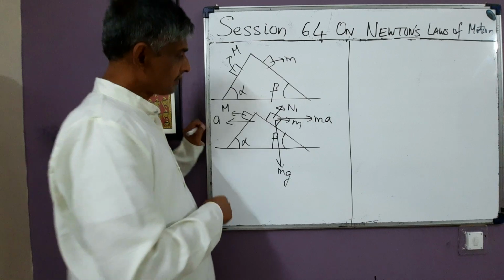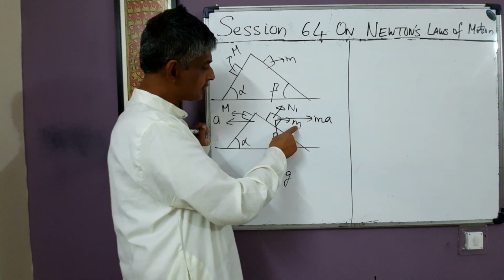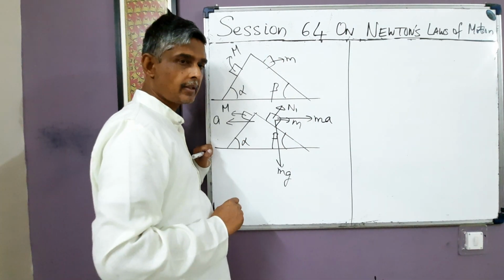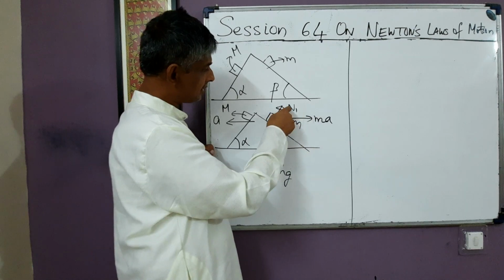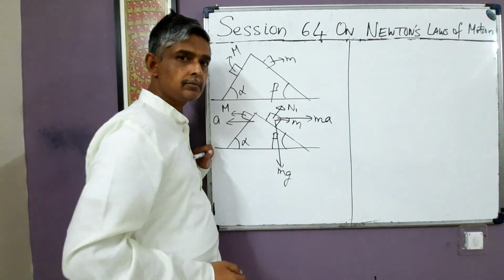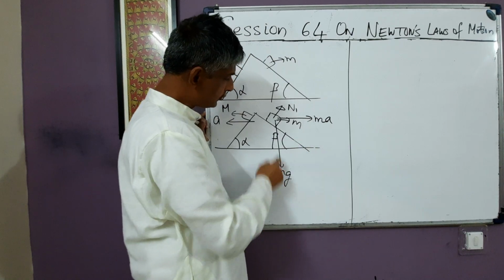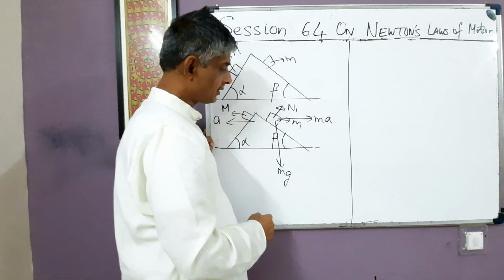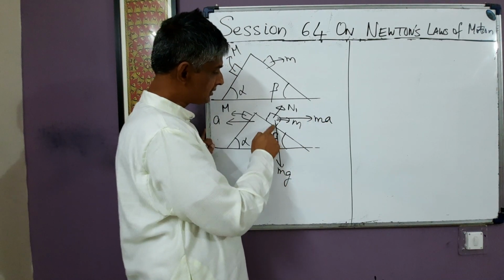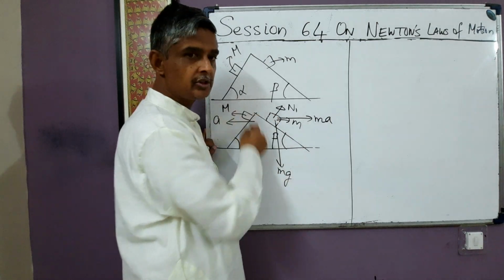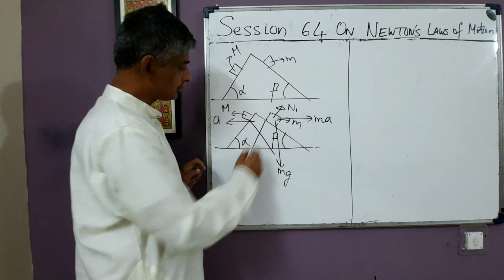Now see, these are the only three forces acting on small m as seen from wedge. Now you can see that this N1 has no component along this direction. But this force ma has a component along downward incline. This also has a component along downward incline. So under the influence of these two forces, this particle cannot begin to climb up the wedge. So this case is ruled out.